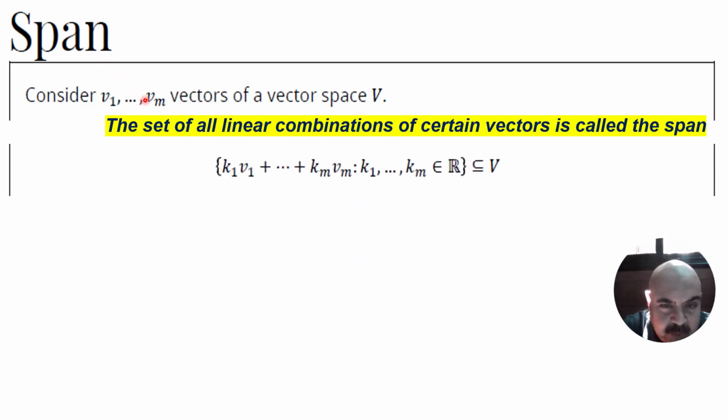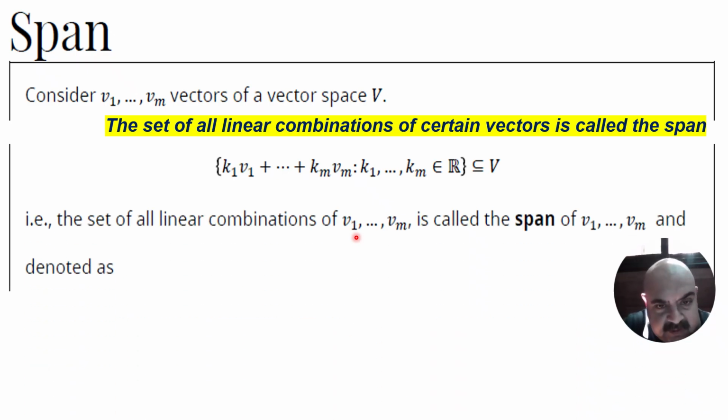So once more, if I could use K1 V1, K2 V2, K3 V3 up to Km Vm, where K1 up to Km are real numbers, exactly like the previous problem, then this set, V1 up to Vm, is called a span of vector space V, or the generators of vector space V.